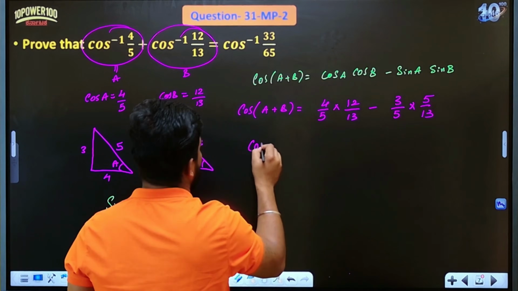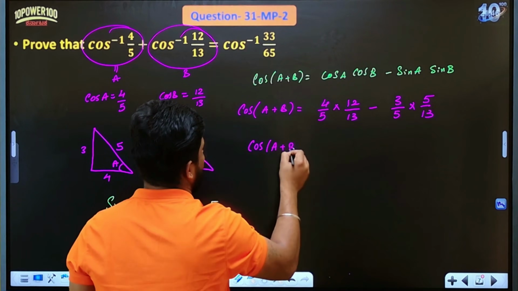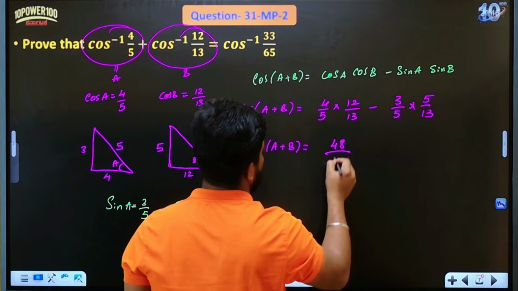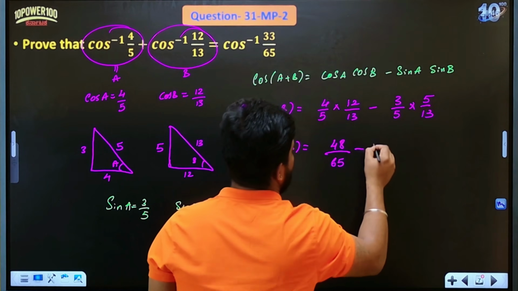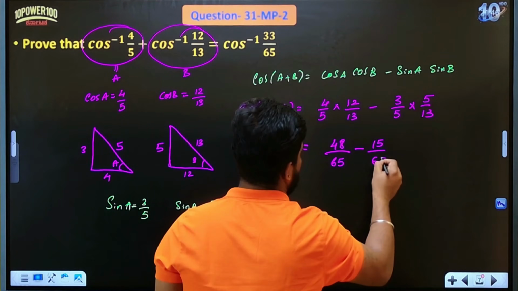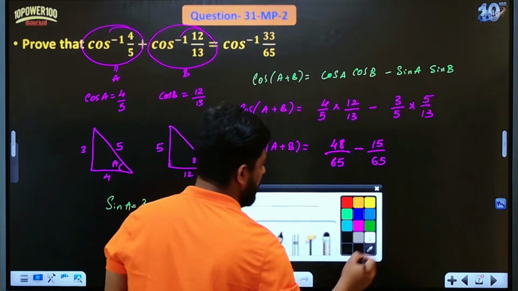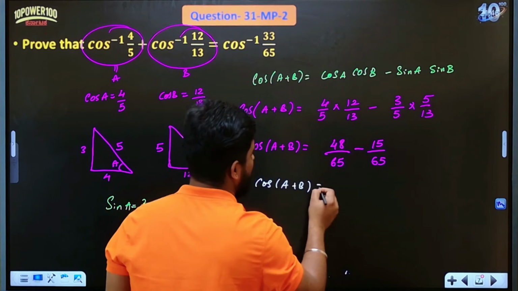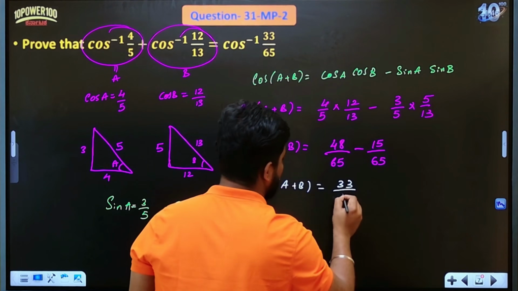So cos of a plus b is equal to 12 fours are 48/65, right? So this one minus 15 divided by 65. So now it is simple. Cos of a plus b is equal to 33 divided by 65.